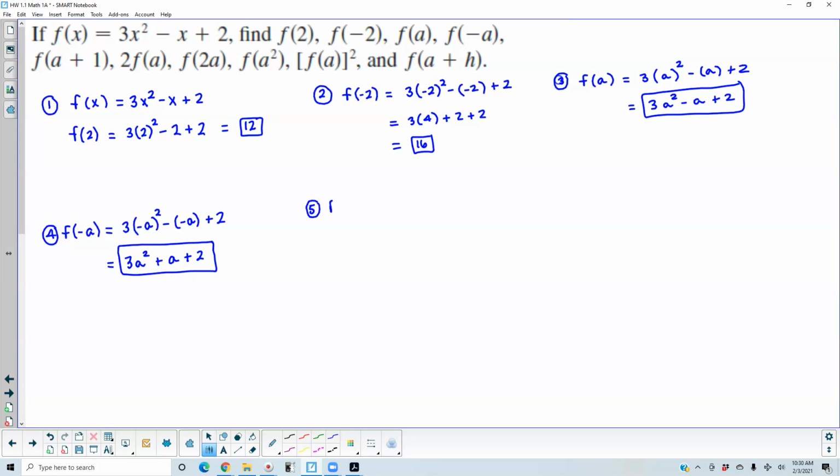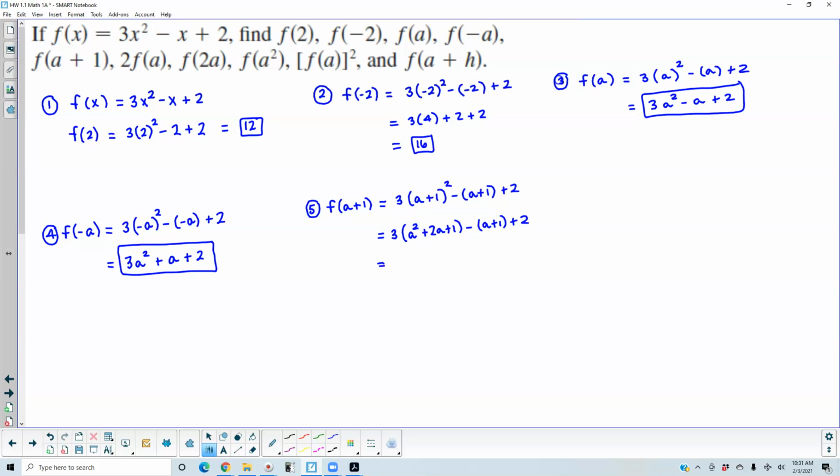Okay, next we have f of a plus 1. So that becomes 3 times a plus 1 squared minus a plus 1 plus 2. Well, a plus 1 squared is a perfect square trinomial, so that's a squared plus 2a plus 1 minus a plus 1 plus 2.